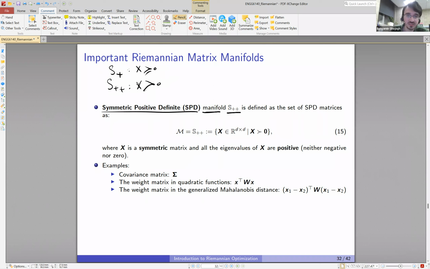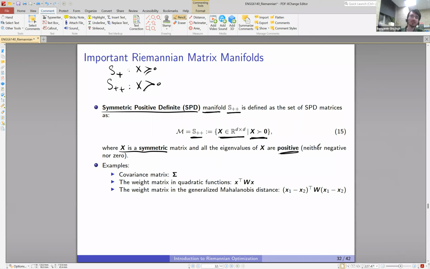Its eigenvalues are positive, neither negative nor 0. Right? So for the SPD manifold, X is symmetric and it's also positive definite. All of its eigenvalues are positive, neither negative nor 0.